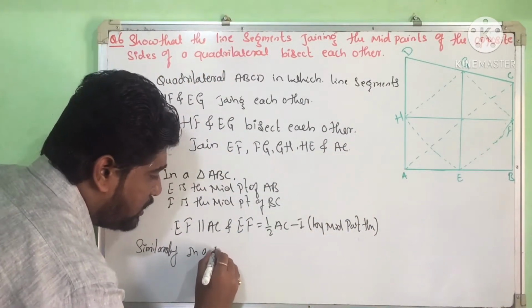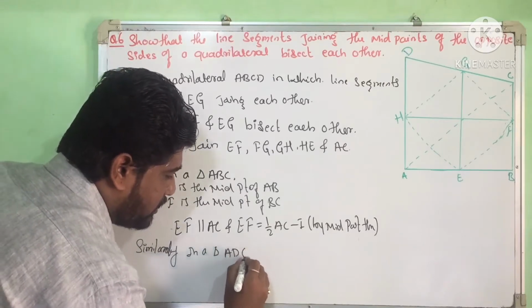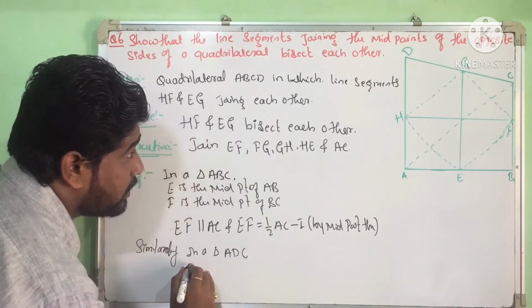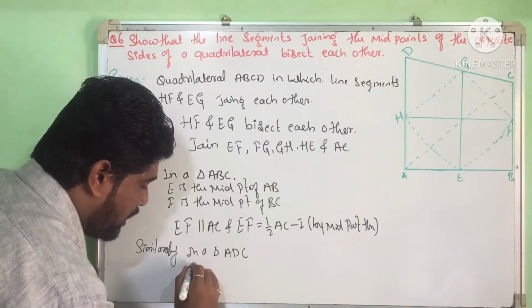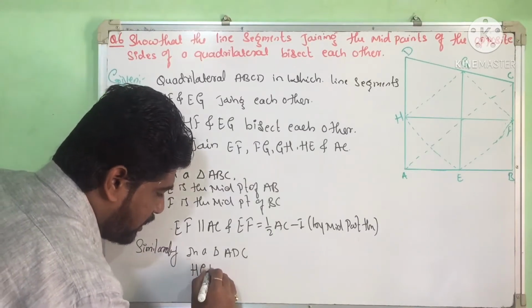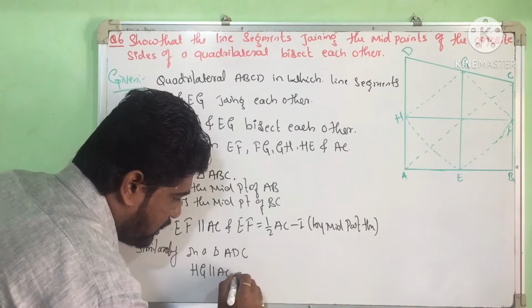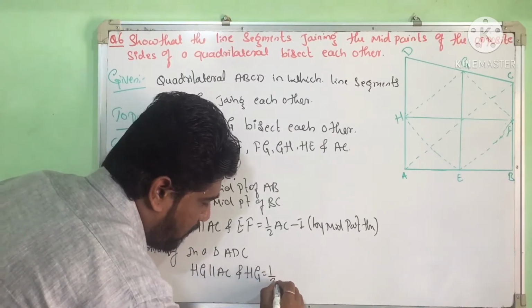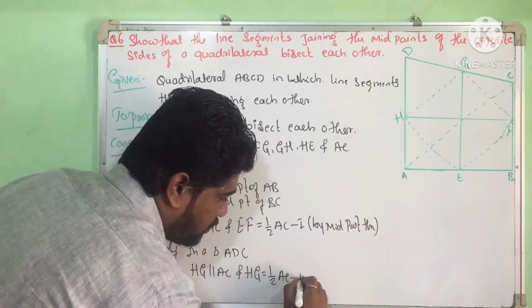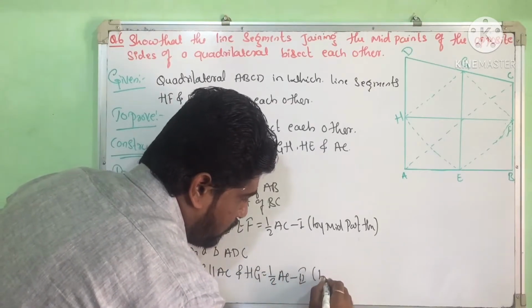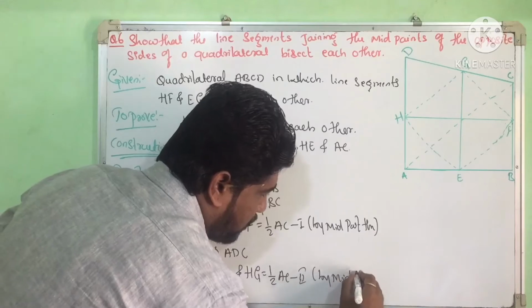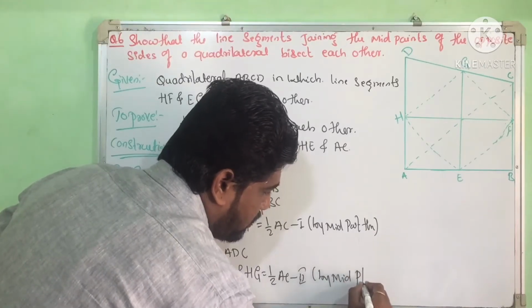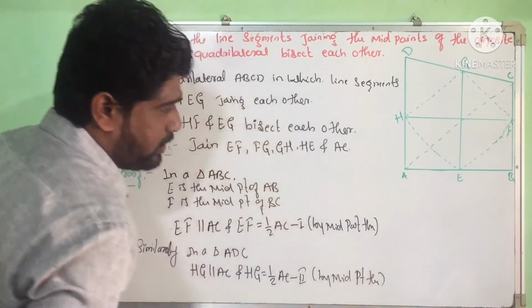So in a triangle ADC, HG is parallel to AC and HG is equal to half of AC. Call this equation 2 by midpoint theorem, right?